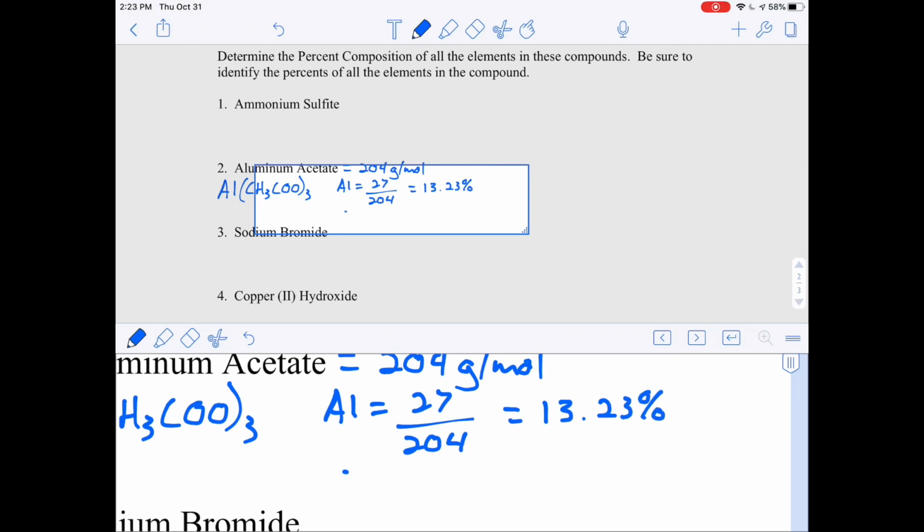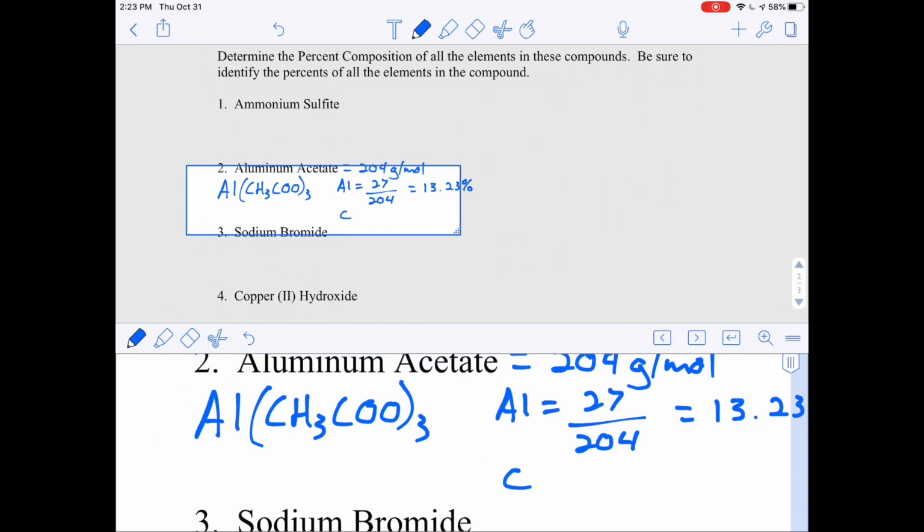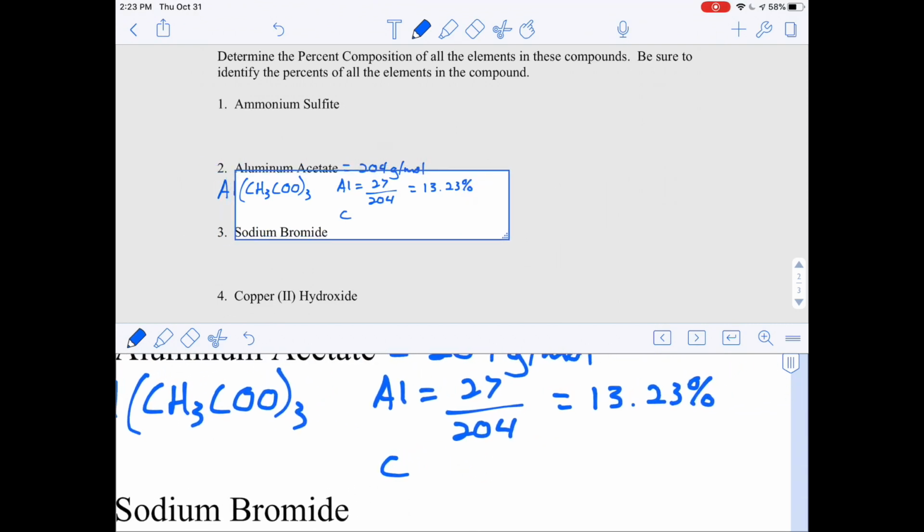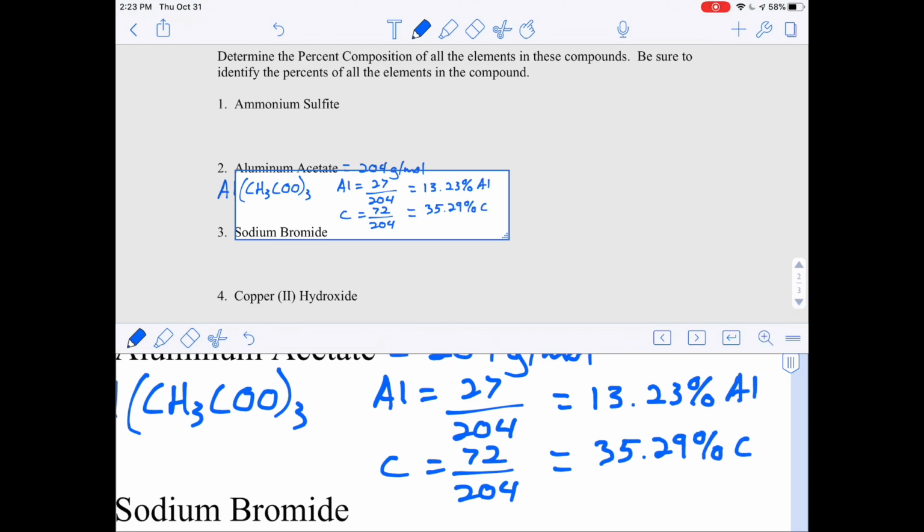To find out the carbon, how many total carbons do I have in here? I have 2 carbons, but times 3, so I have 6 carbons. So 12 times 6 is 72. So 72 divided by 204 is going to be the percent of carbon. That's 35.29% carbon. I should label each one of these.